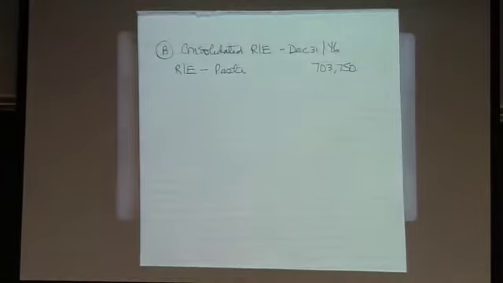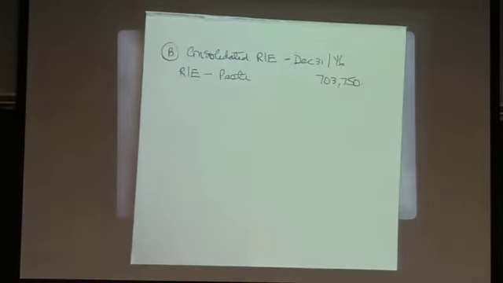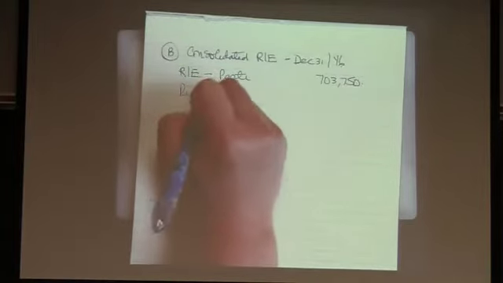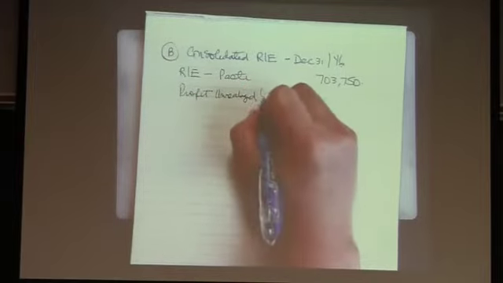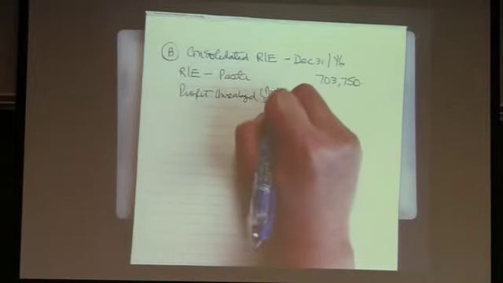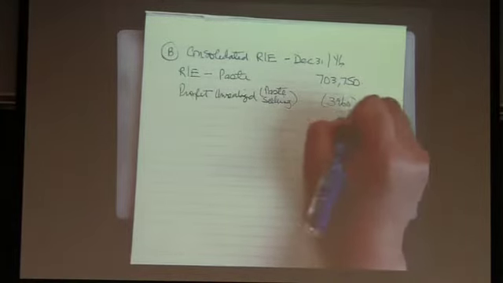Now, remember, we had that profit that Pace sold. We need to eliminate that because this is the retained earning of the entity at the legal level. So this is unrealized profit, Pace selling, and that is minus 3,960.